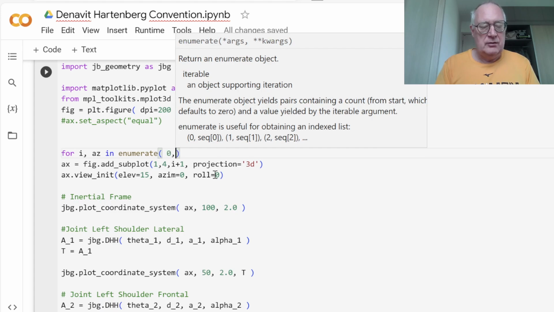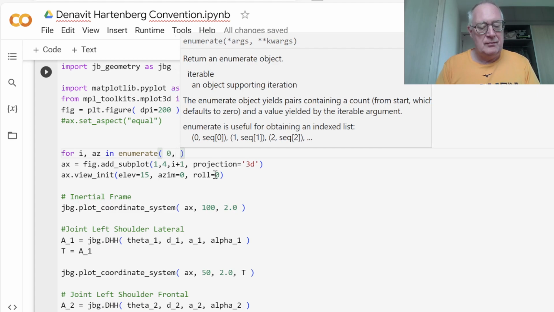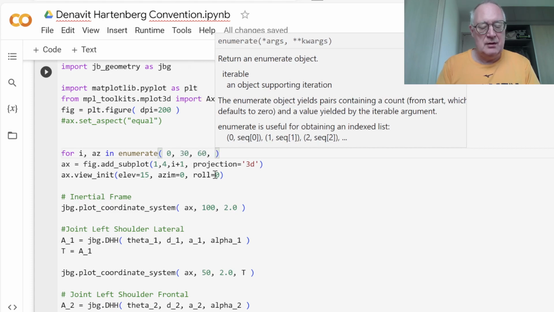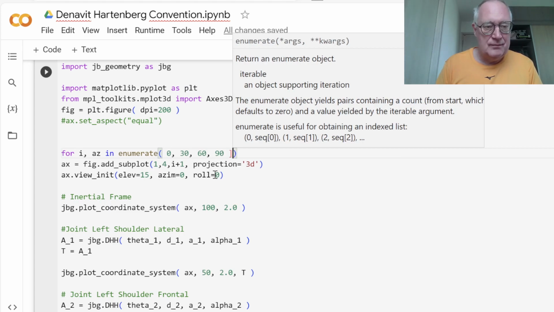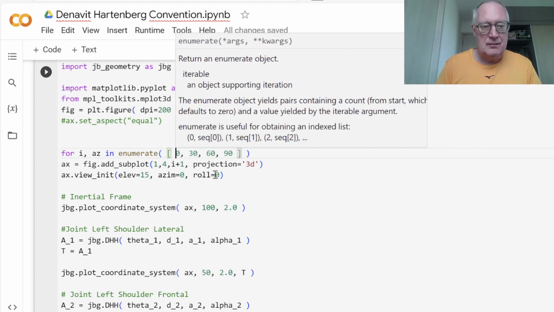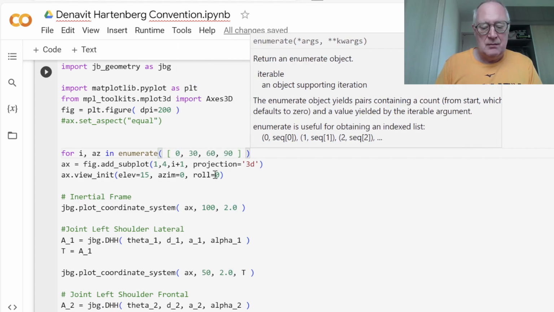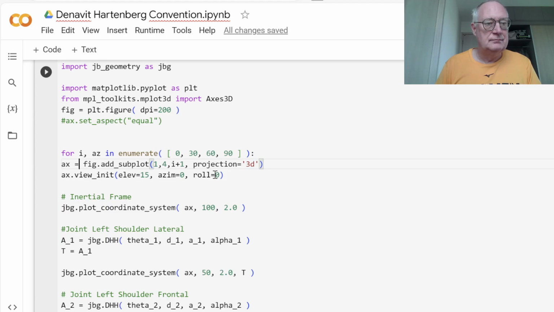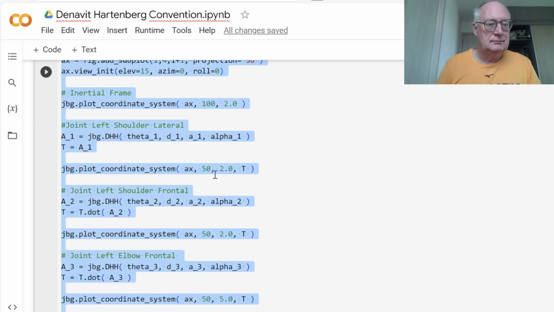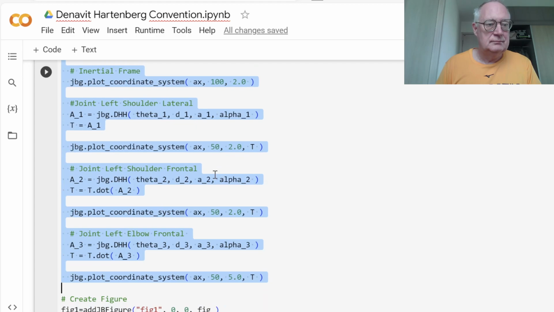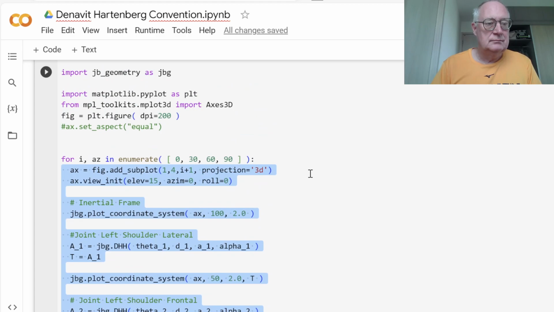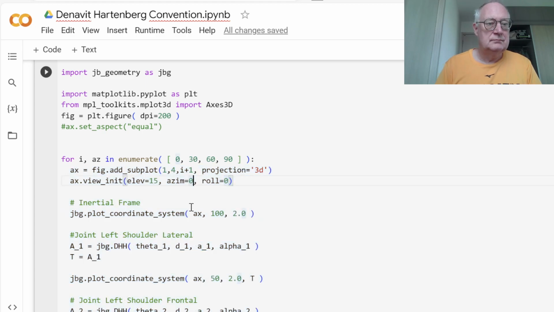So let's take 0 degrees, 30 degrees, 60 degrees, 90 degrees. Azimuth.